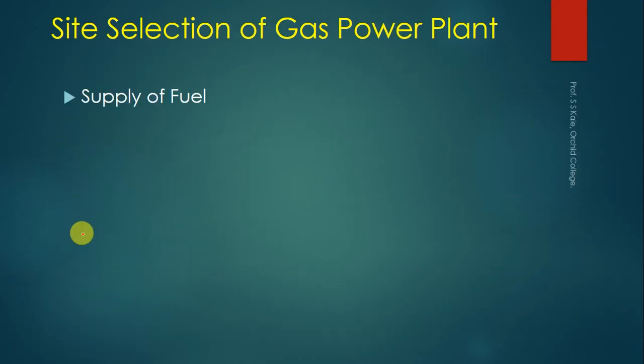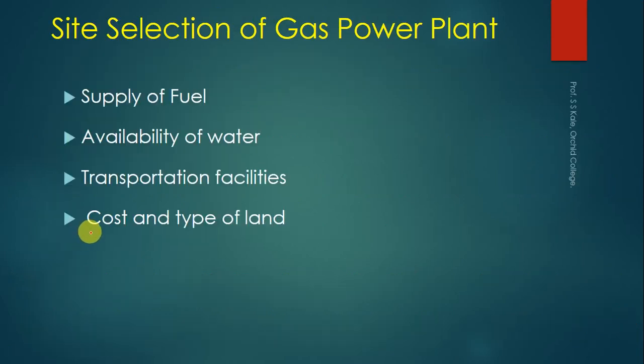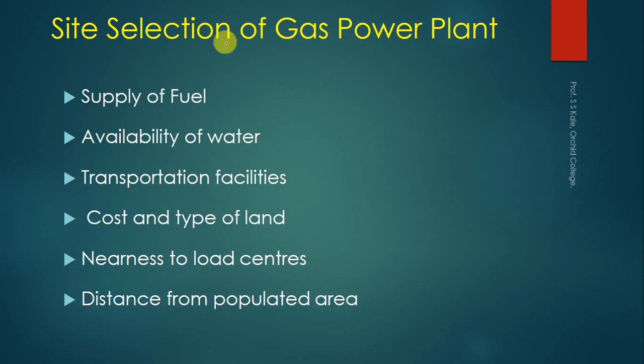Now, site selection parameters. How will you select a site for a gas turbine power plant? We can select a site where fuel is available, water is available for the coolant, transportation facilities are available, the land cost should be less, it should be nearer to the city, and at a distance from the population area. So if I have to establish a gas turbine power plant, I have to check these points.